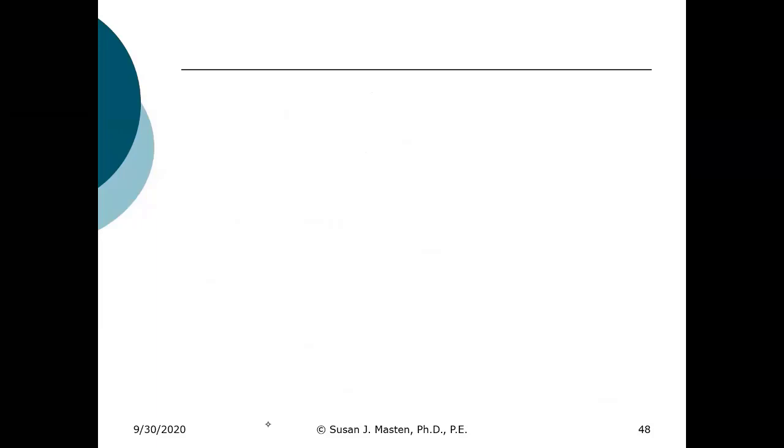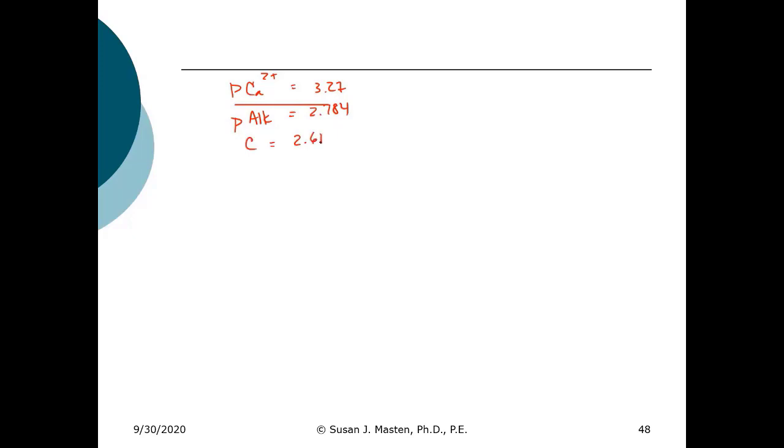So we've calculated PCA2 plus, that was 3.27. P alkalinity is 2.784, and C is 2.61. So our saturation pH is 3.27 plus 2.784 plus 2.61, and that is 8.66.